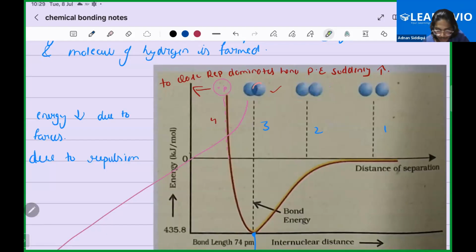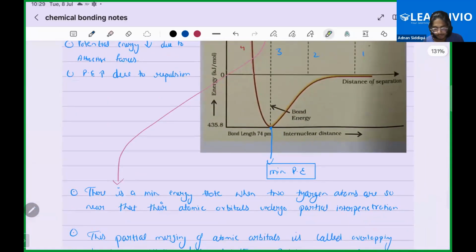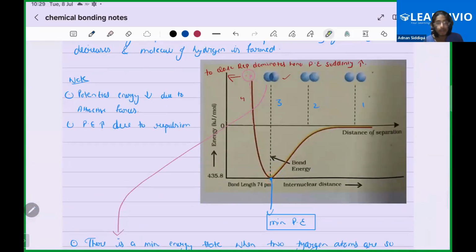And as the atoms are moving even closer to each other, we are seeing a point where the potential energy is minimum. But once they are so close to each other that their nuclei are about to touch, at this point they will repel with very high intensity, because suppose I am forcing 2 atoms to come closer to each other, right?